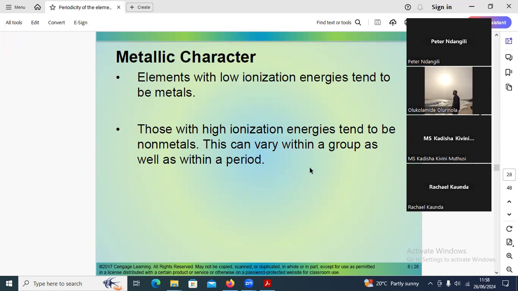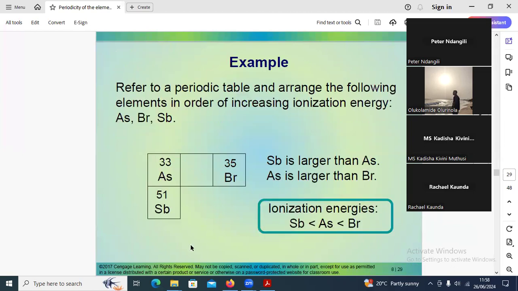But within a group, you can have some varying trends. So this can vary within a group as well as within a period. And we are going to illustrate that. So here we are just arranging elements in order of increasing ionization energies. You have arsenic 33, bromine 35, and then Sb, which is 51.